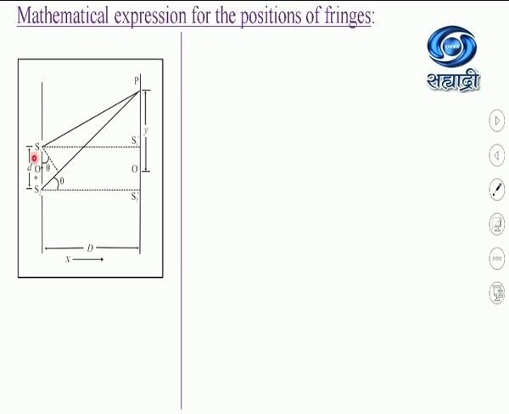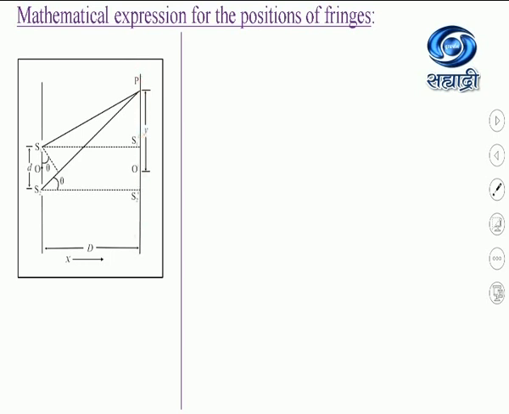Now we take that O is the center of the two slits S1 and S2, and it is the origin of the two coordinate axes X and Y. The distance between the two narrow slits S1 and S2 is small d, and it is very small, about 2 to 4 millimeter.